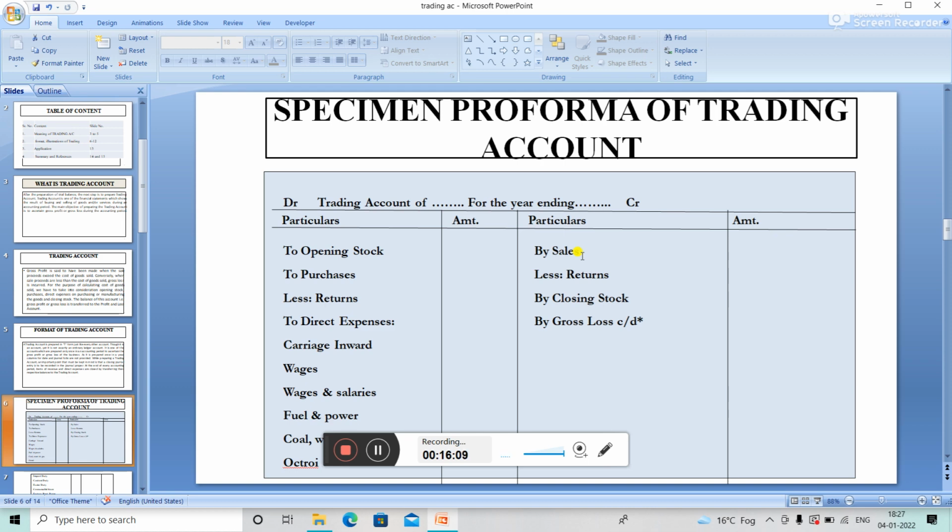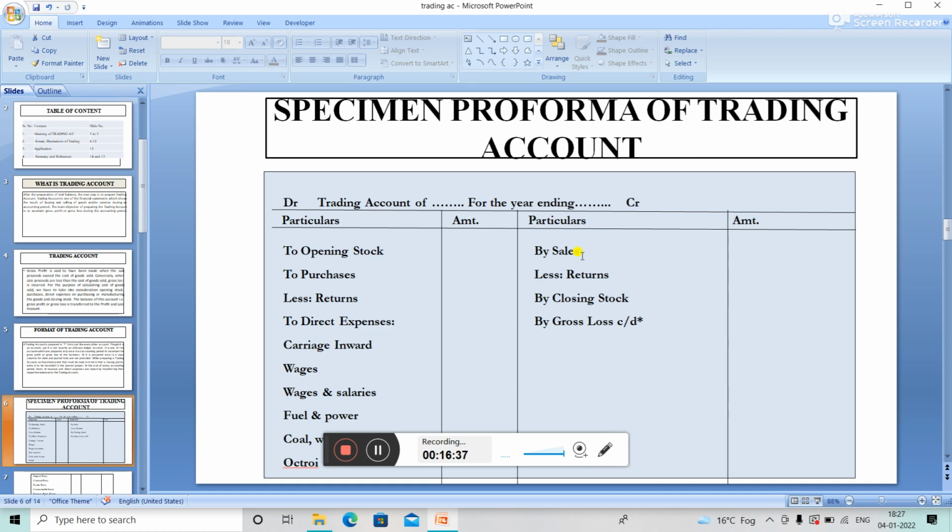Now, one more thing I want to tell you: when closing stock is given outside the trial balance, the reason is that its valuation is done after the accounts have been closed.